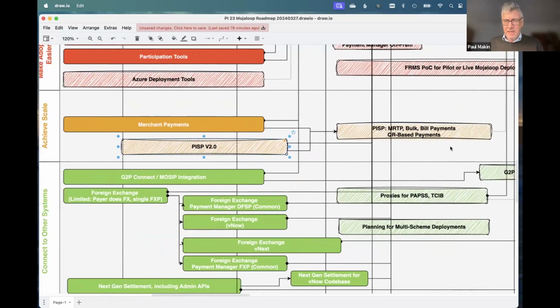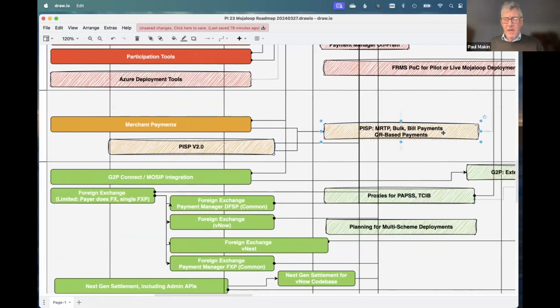And we see in the next PI significant potential in building on the PISP work and implementing it to support merchant payments through fintechs, bulk PISP payments, bill payments, and QR-based payments taken into the fintech world rather than doing it directly from the DFSPs that are supporting their customers.